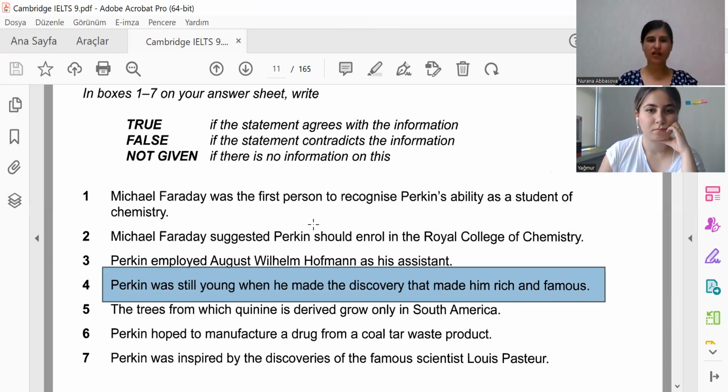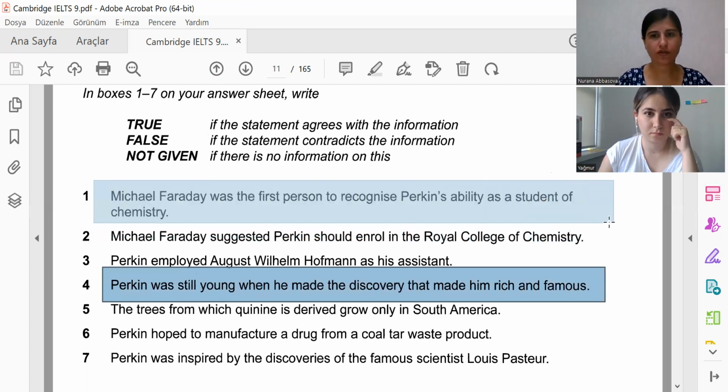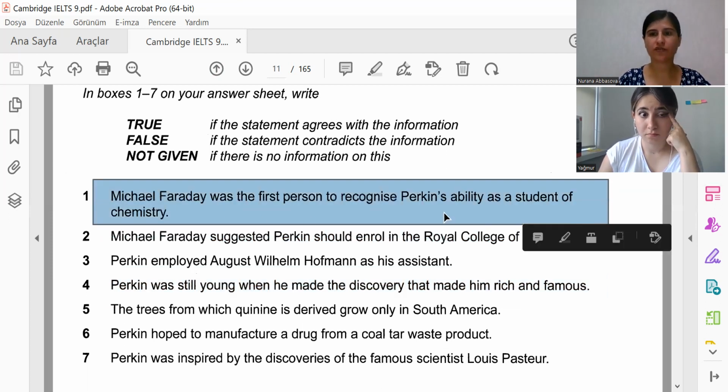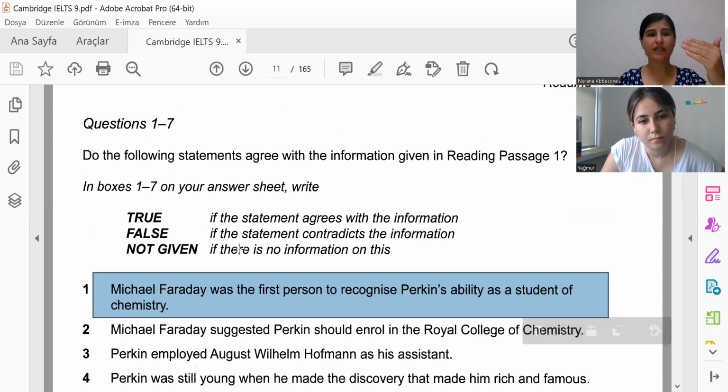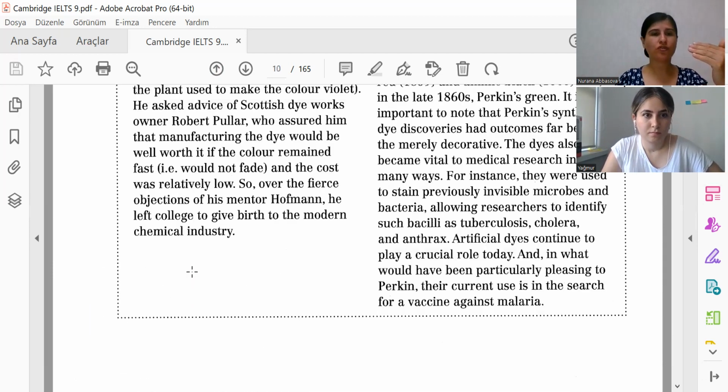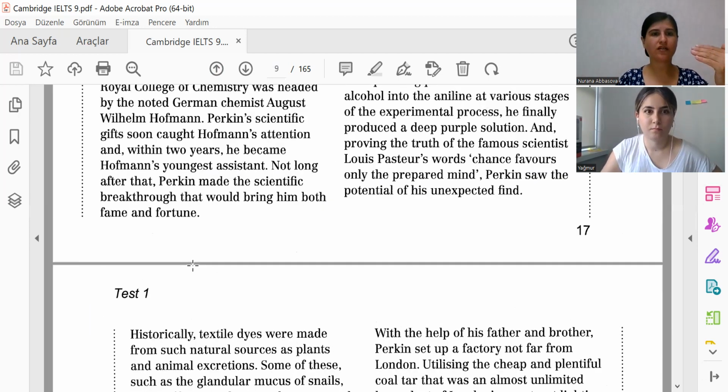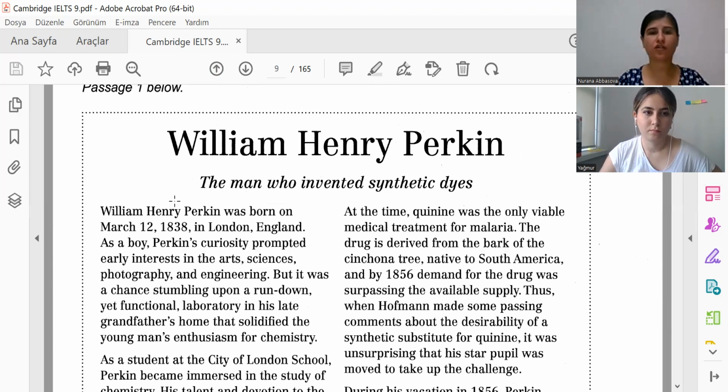So what is the structure? What is the procedure? How to find this type of questions? You read sentence 1, underline keywords, understand it in your head, paraphrase it. I got it. So go to the text, start from the very beginning, because your text starts and your questions start with it.